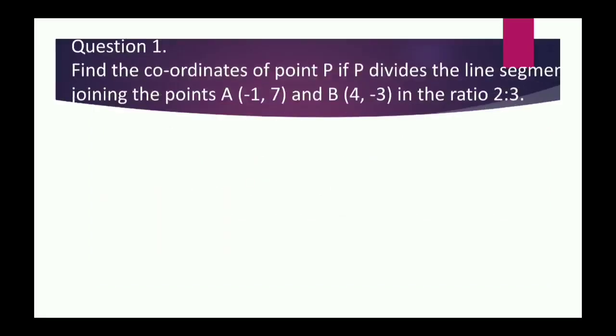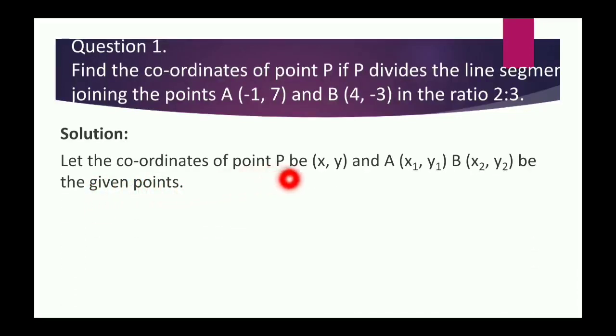Question number 1: find the coordinates of point P which divides the line segment joining the points A(-1, 7) and B(4, -3) in the ratio 2:3. Here we have the coordinates of A and B, and the ratio 2:3. So m value is 2, n value is 3.